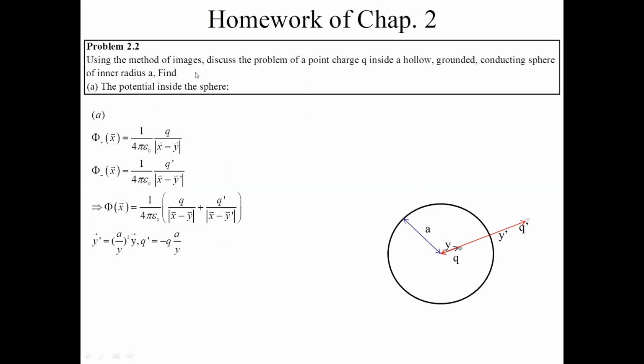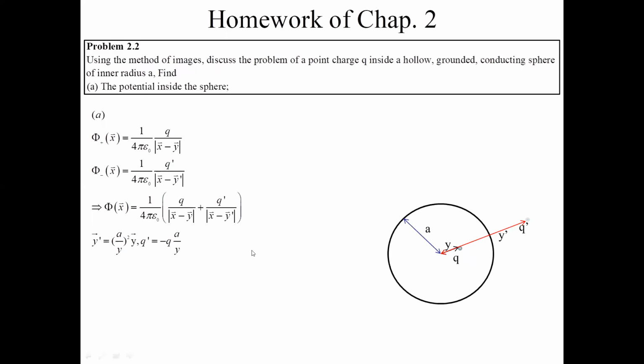Then for problem 2.2, we want to calculate the potential inside the surface as this. So for the bounded conducting surface, we just look at the charge Q on the inside and the image charge Q' on the outside of the surface, which is very similar to problem 2.2 in the lecture note.